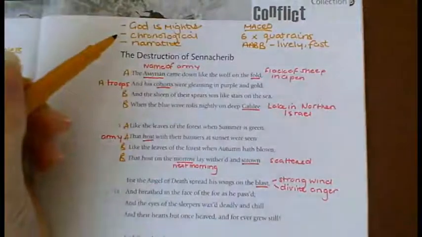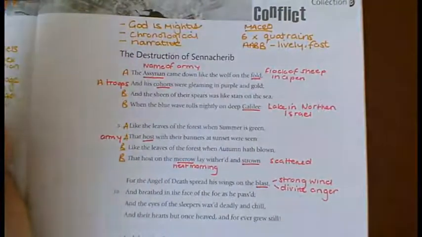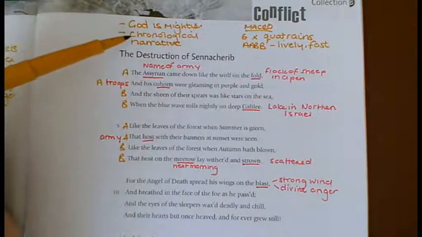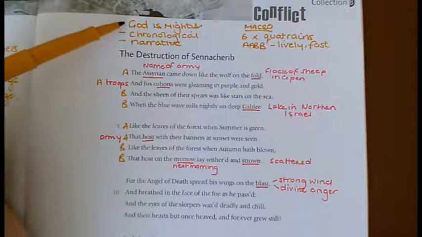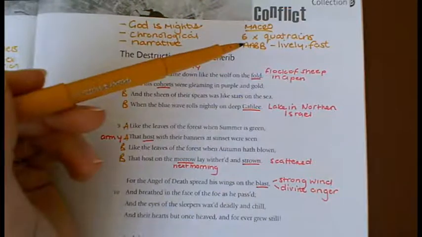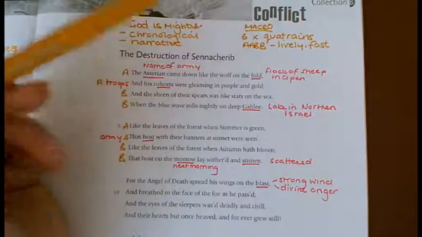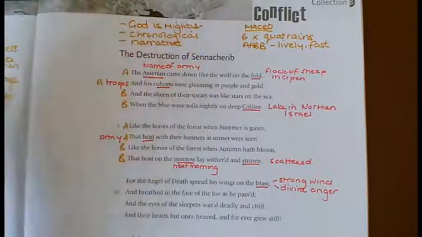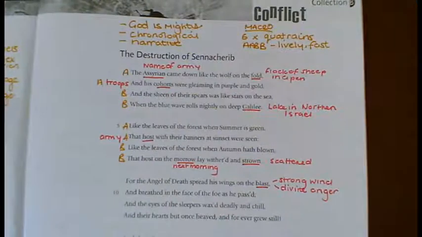Again, I'm just noting the things here because I would use these in my introduction. We've got it's a narrative, it's a storytelling of a Bible story, it's in chronological order, all reflecting that God is mightier through the lively, fast-paced destruction of King Sennacherib's army, and the 6 quatrains represent this throughout.